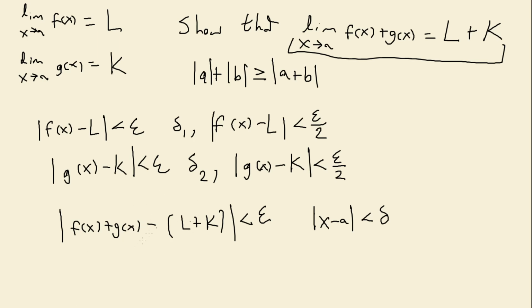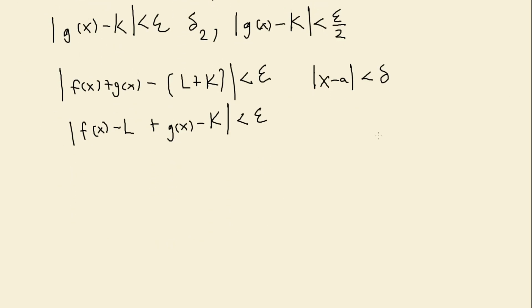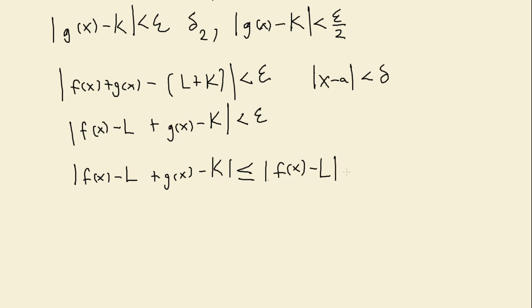We can factor out our negative, and then we would have the absolute value of f of x minus L plus g of x minus k is less than epsilon. And from our triangle inequality, we could write that this is going to be less than or equal to the absolute value of f of x minus L plus the absolute value of g of x minus k.